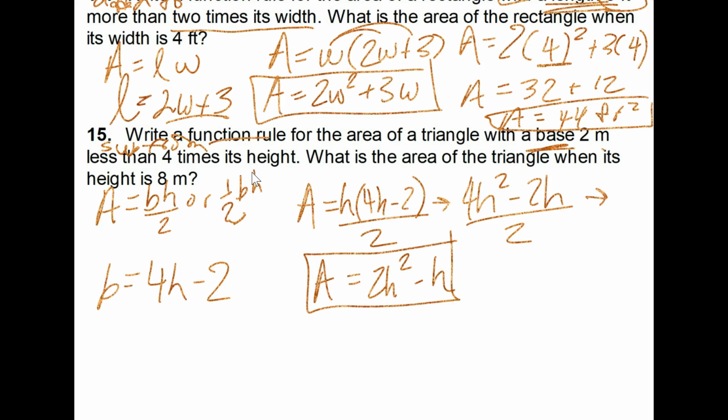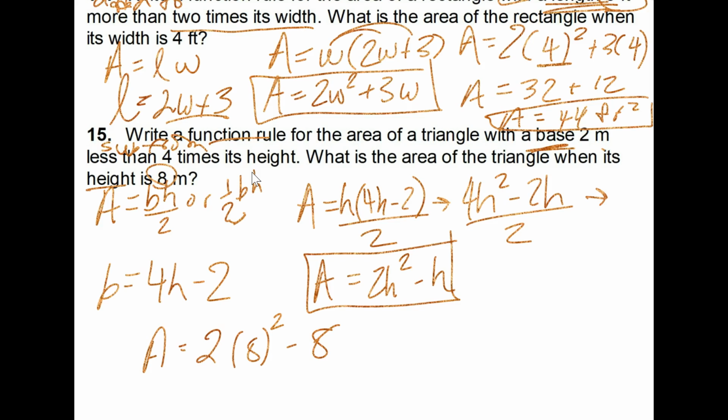So they want to know what is the area when the height is 8. So the area would be 2 times 8 squared minus 8. Order of operations says to do what first? Those exponents.